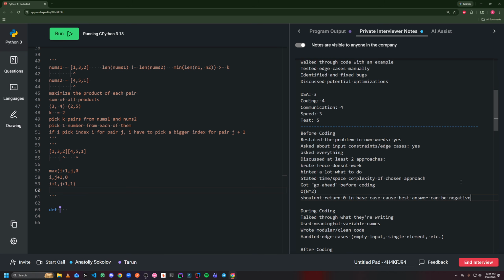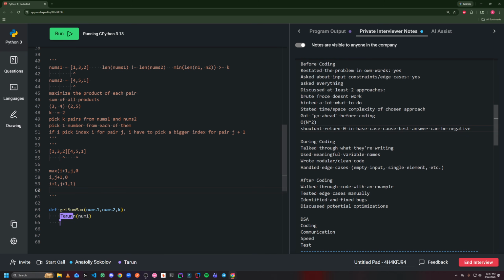So we should get the maximized product of each pair. So just remove max sum. So we have this one, this 2, and you have a K as well.